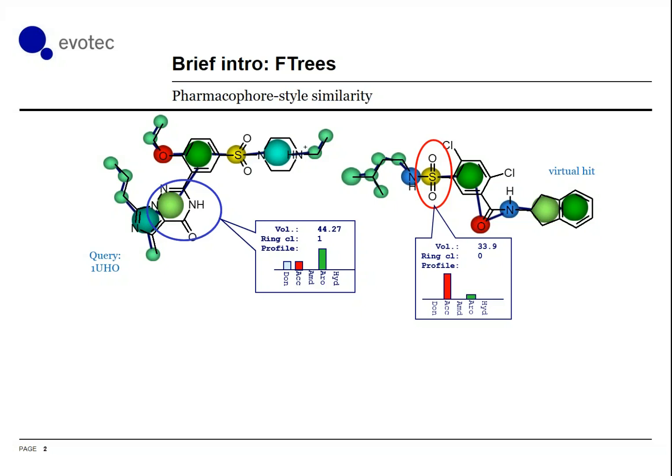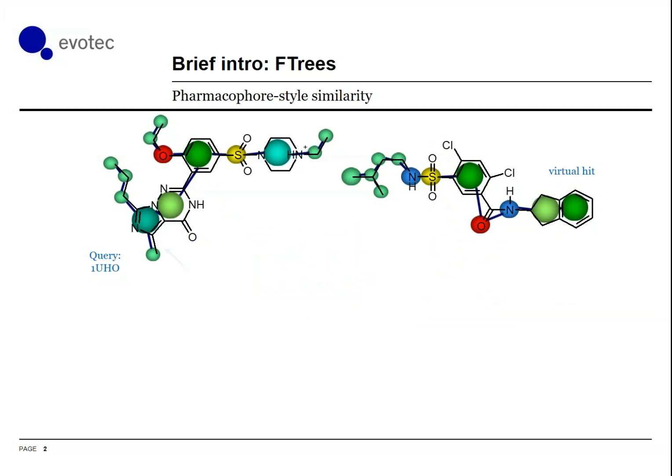So this is the descriptor called feature tree. The feature tree algorithm then calculates a mapping of the nodes of one tree representing one molecule and the tree on the other hand side representing the other molecule, the one that you want to compare to.